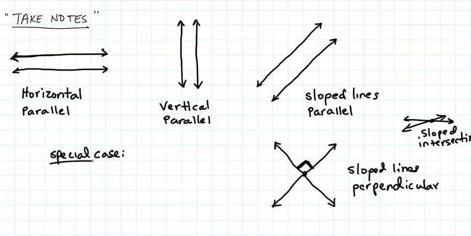And that special case is when you have one horizontal and one vertical. It all depends on how you name your axes. Just the traditional way, if you have one vertical and one horizontal, then yes, they will be perpendicular.